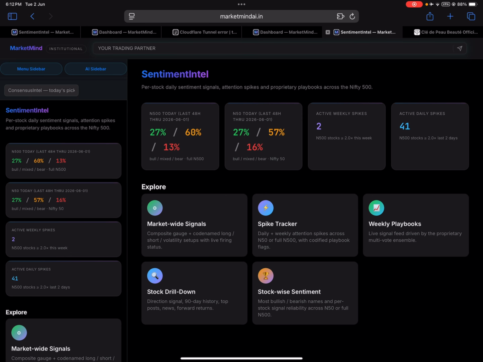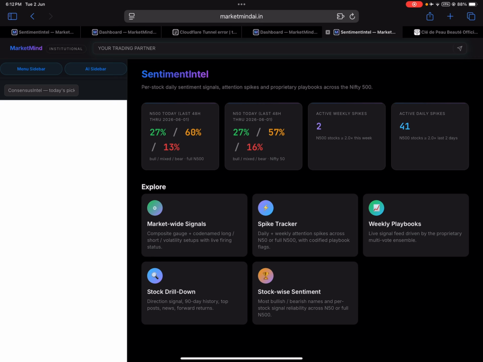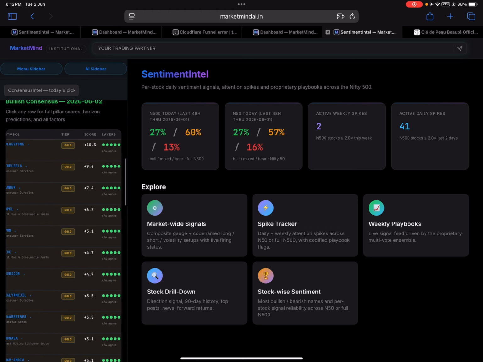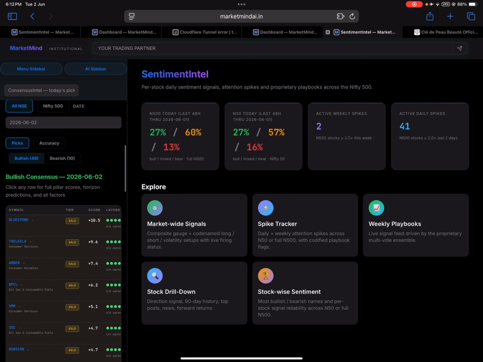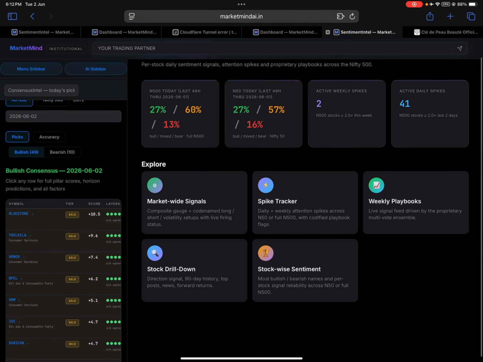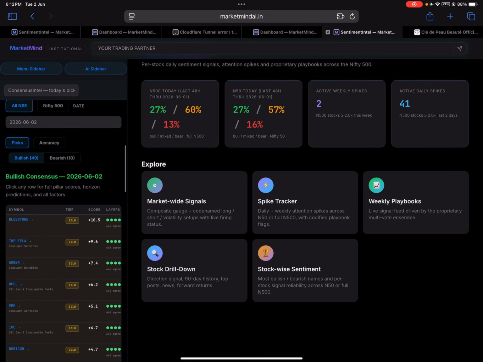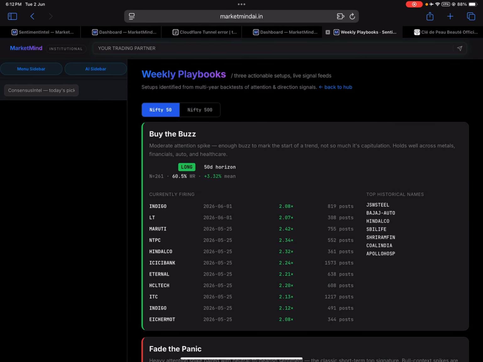If you touch the secondary intel at the top left of the side there, you can pick up consensus picks as well and see where multiple things are sort of aligning. And then you can also, on the main screen, find out if there's any spikes or any sentiment stuff going on any of the listed stocks, and prepare some sort of a trade using that.